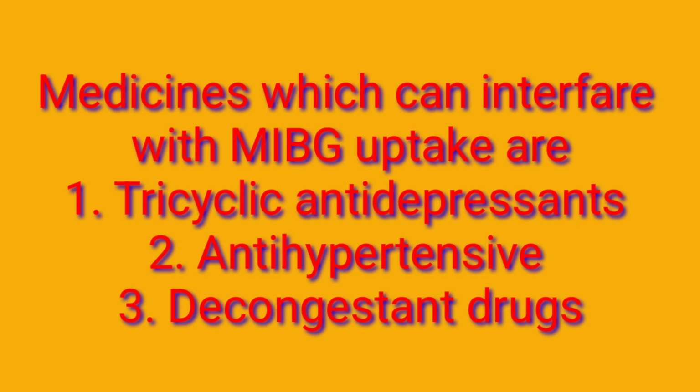The patients on antidepressants or on antihypertensives, both these drugs interfere with this radiopharmaceutical, so you must be very careful while using it for patients on antidepressant medications or antihypertensive drugs. Besides this, decongestant drugs also interfere. So these 3 categories of drugs must be kept in mind while you are using this radiopharmaceutical for diagnostic purposes.